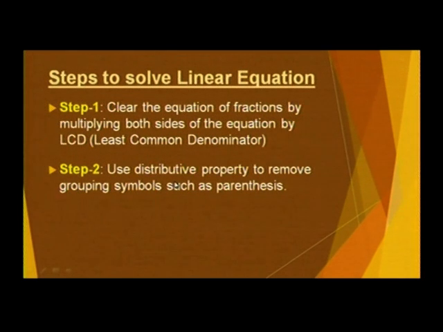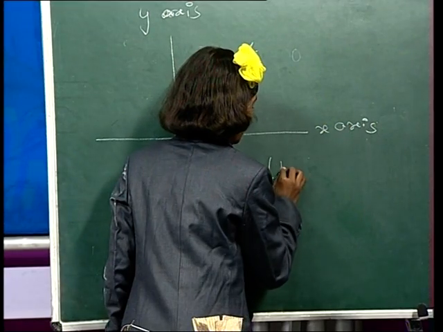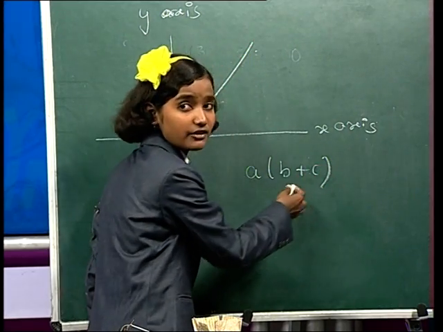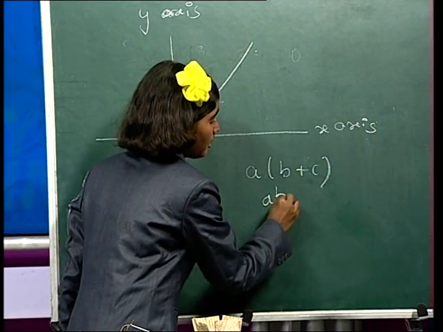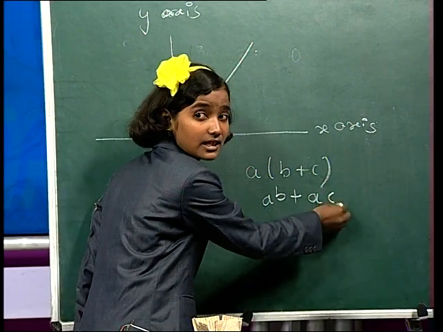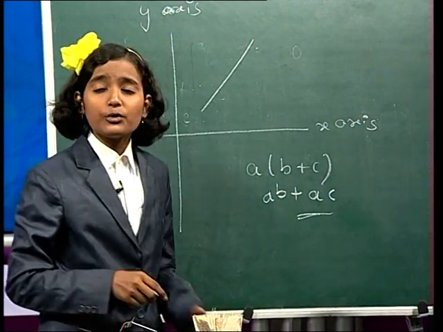Do you know? See, friends, the distributive property means A into B plus C is equal to AB plus AC. It is the distributive property.